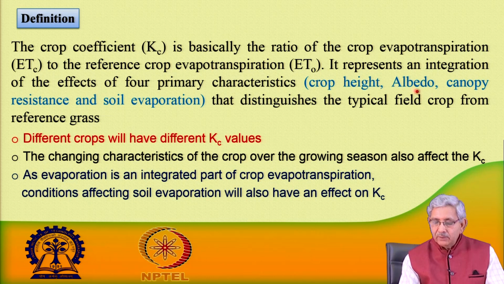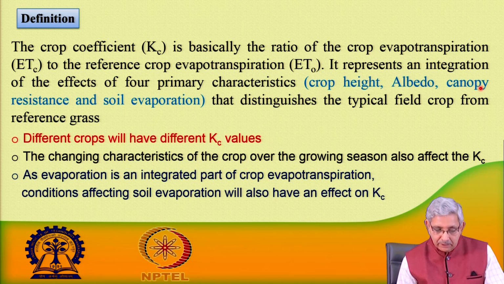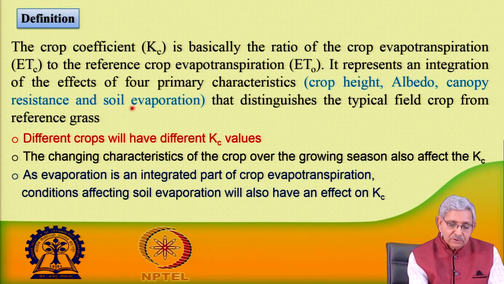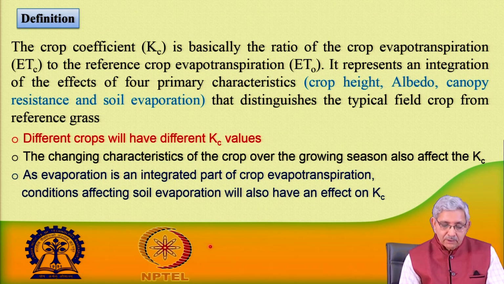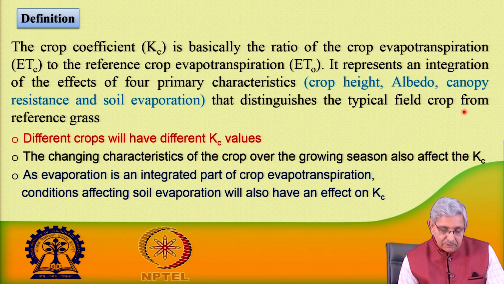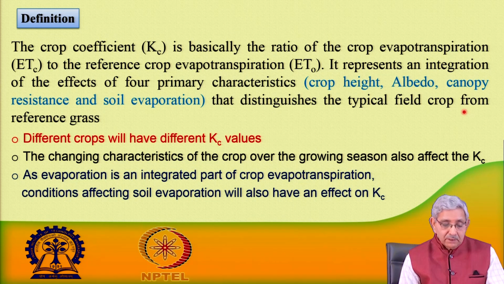One is crop height, another is albedo, another is crop canopy resistance, and the last is soil evaporation. These distinguish the typical field crop from a reference crop. So, crop characteristics are incorporated in these 4 parameters in the determination of Kc.